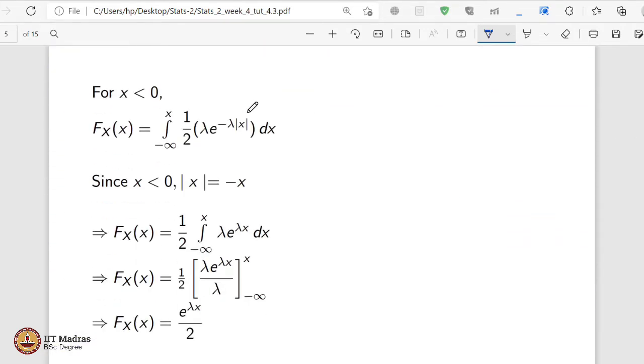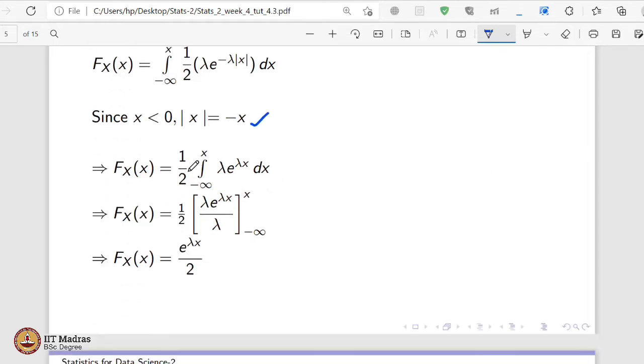So for the first case, when x is less than 0, we have to integrate from minus infinity to x. Since x is less than 0, mod of x can be replaced by minus of x. Then we can directly write 1 upon 2, integral from minus infinity to x, lambda e to the power lambda x, so that can be replaced directly.